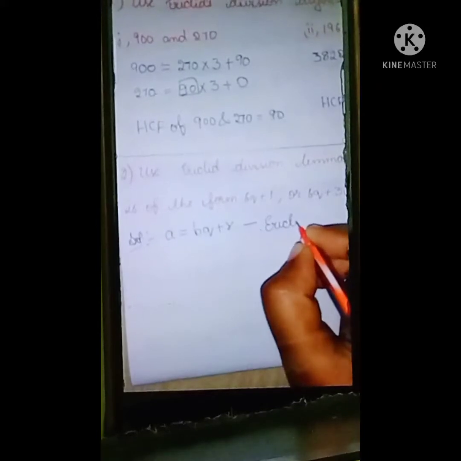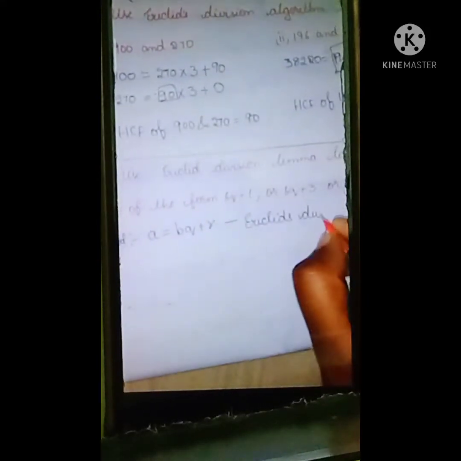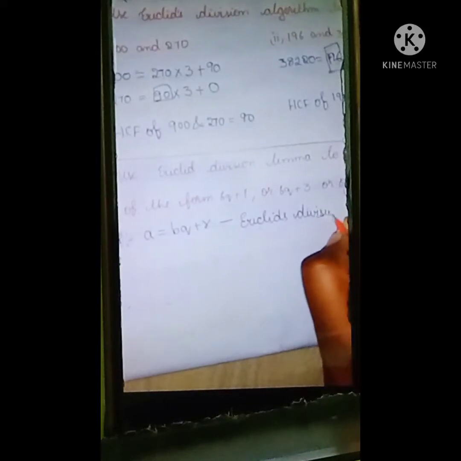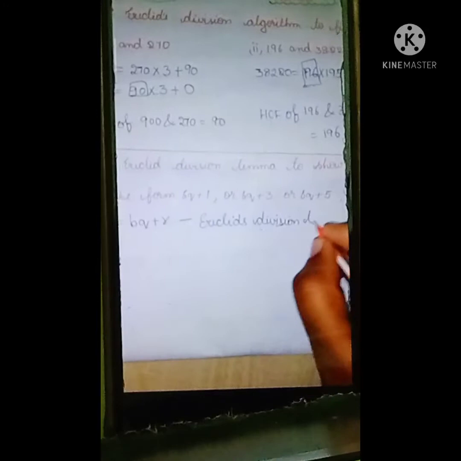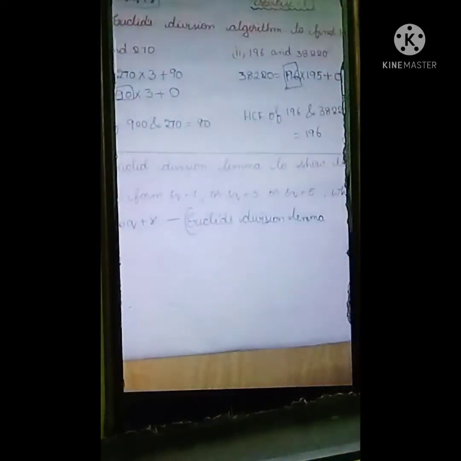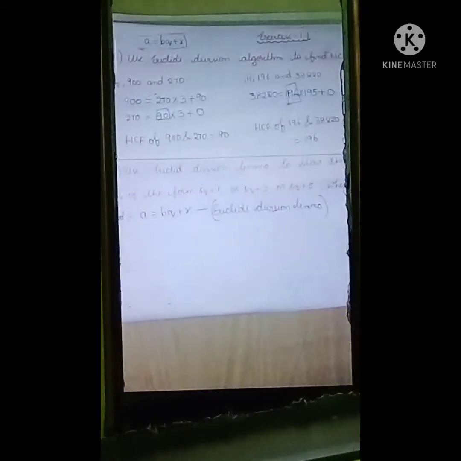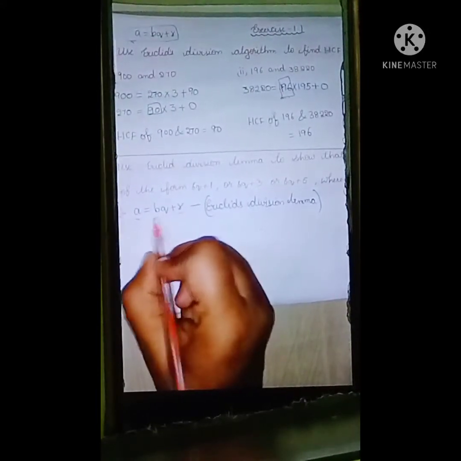Euclid's division lemma. Okay, you have to put the bracket. So this is Euclid's division lemma. Then what is the value of A, B and R? We have to find, right?